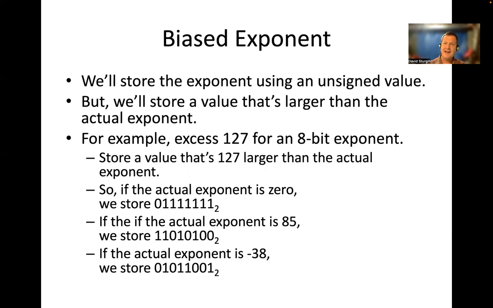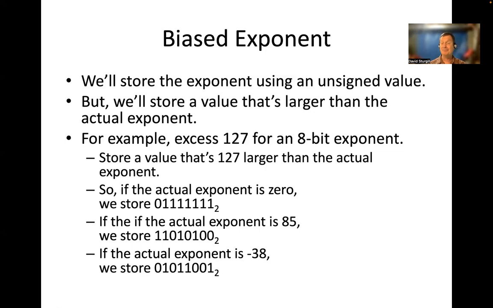You're going to add 127 to that and then store that. That's the bias in the exponent. So for an exponent, instead of just storing it as is, you're going to add a big-ish positive number, and then you're going to store that.